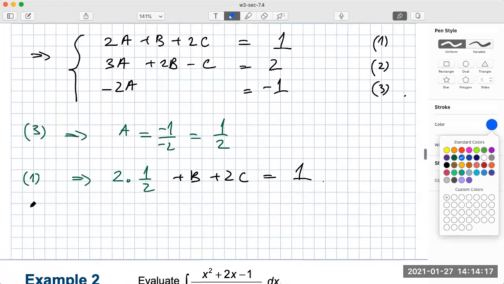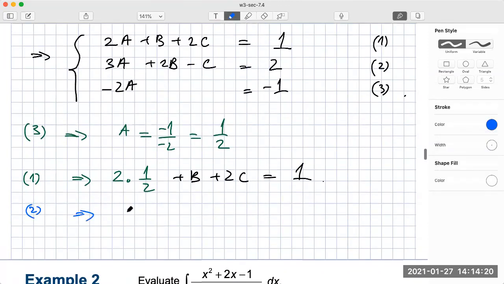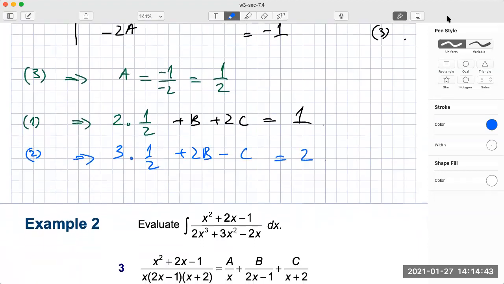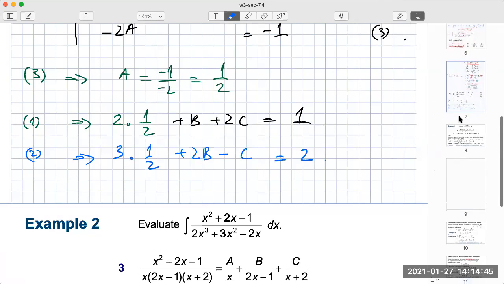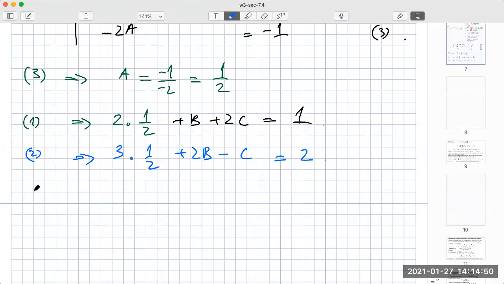The second equation becomes 3 times 1/2 plus 2b minus c equal to 2, right? So I believe that from now, you can all solve it yourself. Go home and double check it yourself. And here to save time, let me just write the values of a, b, and c.